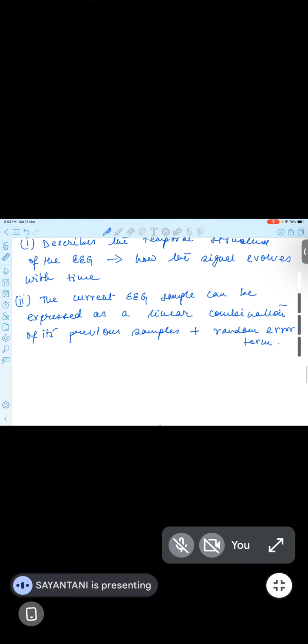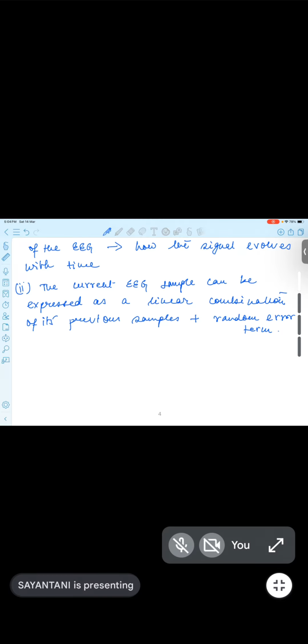That means we are trying to predict the current EEG sample depending on these previous samples. And since I'm trying to predict something, there will be a small amount of error. So the current sample is equal to previous samples plus an error term.